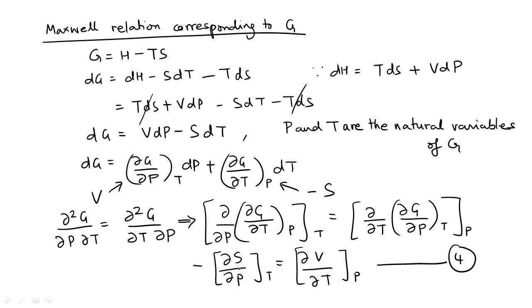The third and fourth Maxwell relations can give volume and pressure dependence of entropy from pressure, volume, temperature data, or from an equation of state of the substance. This can be very useful practically.